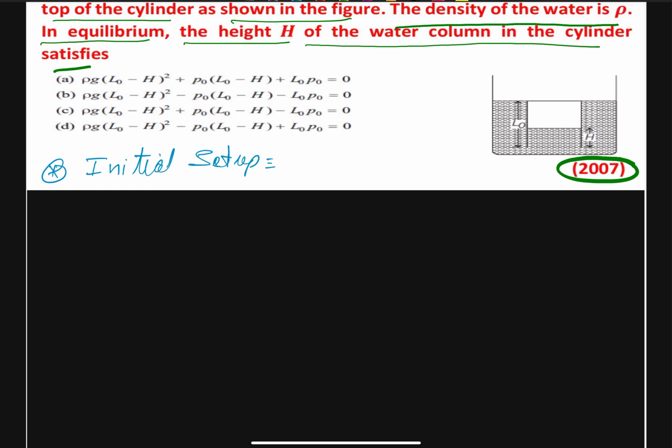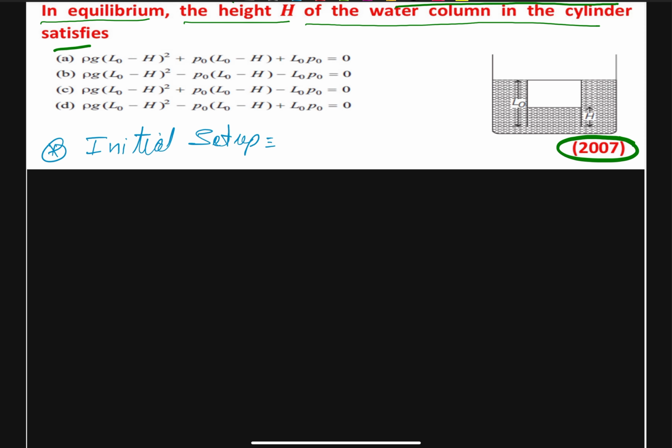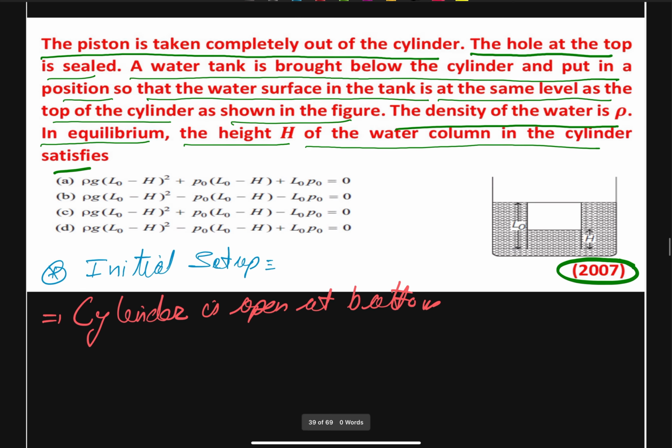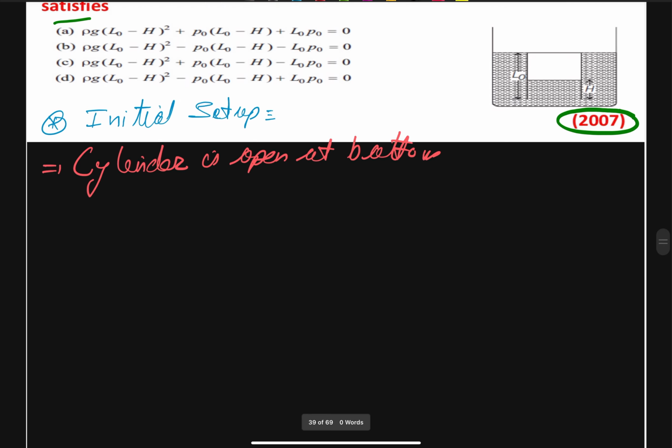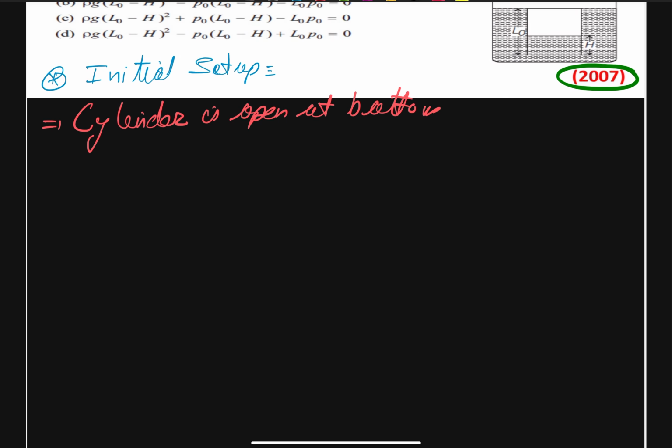So initially we have a cylinder open at the bottom and has a sealed top.